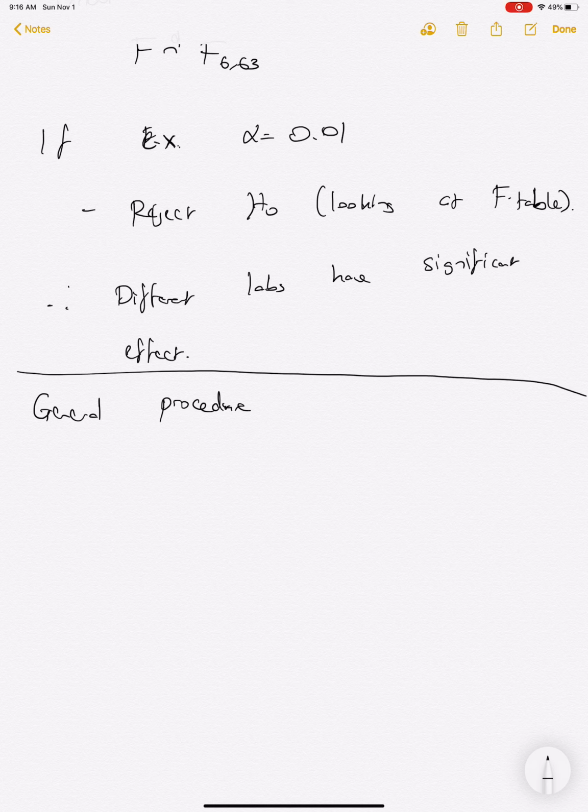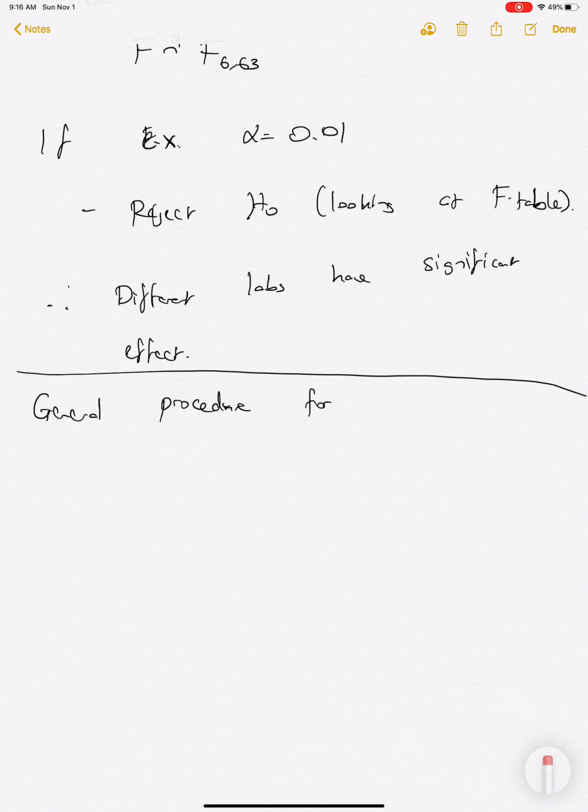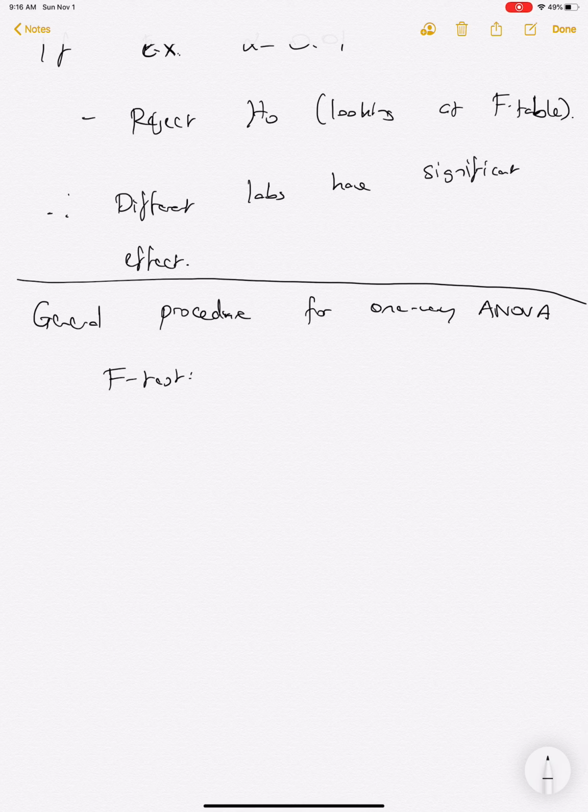So, the general procedure for the one-way ANOVA F test: we first want to find SSB and SSW, and you should check that the sum of those equals SS total.